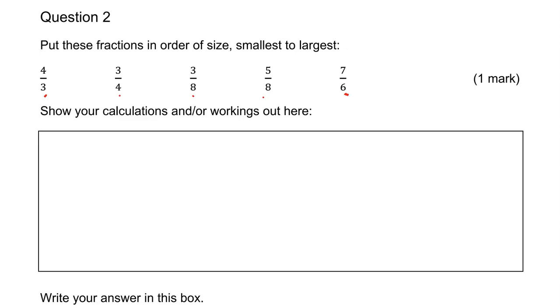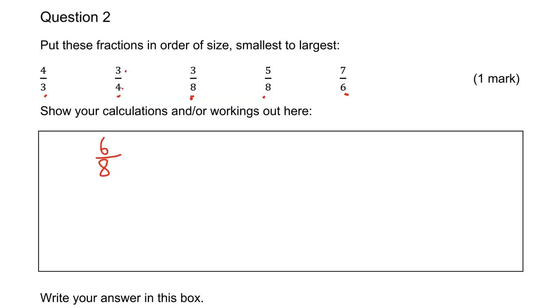Looking at them, we've got 3/4, 3/8 and 5/8. 3/8 and 5/8 we can easily compare. 3/8 is smaller than 5/8. Looking at 3/4, we can easily make this with the denominator of 8 by doubling. So we've doubled 4 to get 8, we'll double the 3 to get 6.